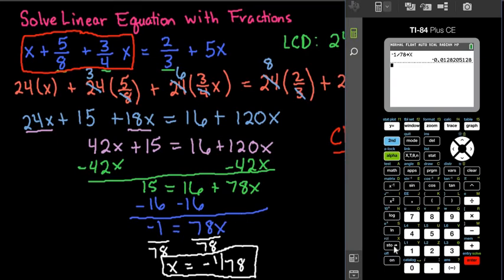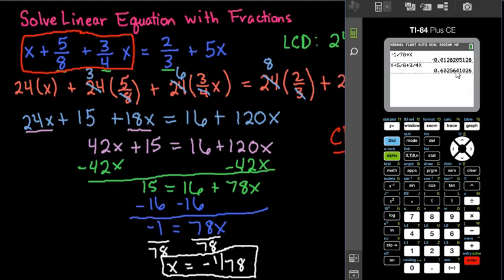So instead of having to type in -1 over 78 3 times, I can just hit the alpha and the X. And it puts X in there, but we've already stored what X is. Plus 5, remember 5/8 is really just 5 divided by 8, plus 3 divided by 4, and then again I'm just going to hit the alpha X. And so I really just put it into my calculator looking exactly like this does.